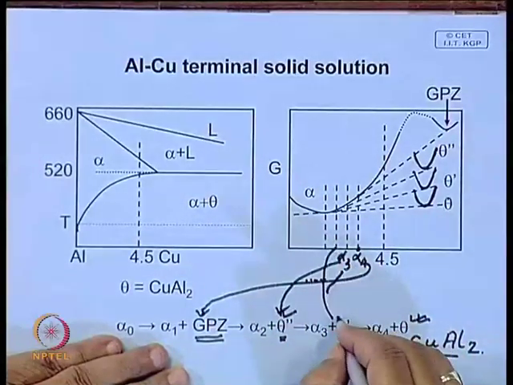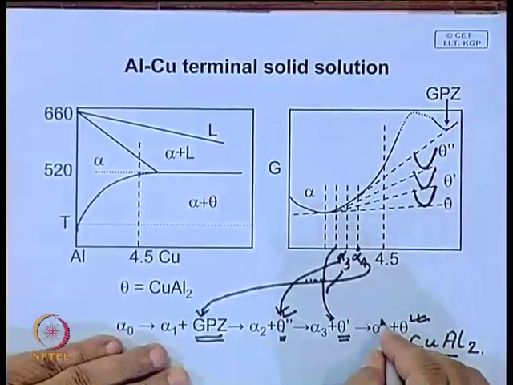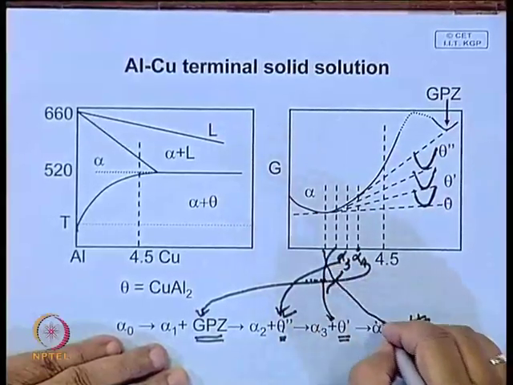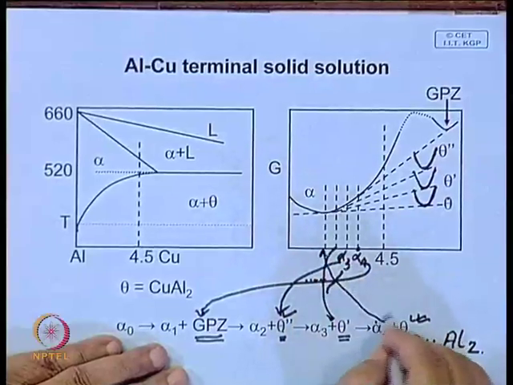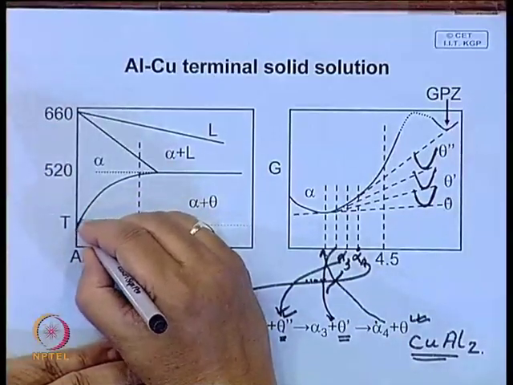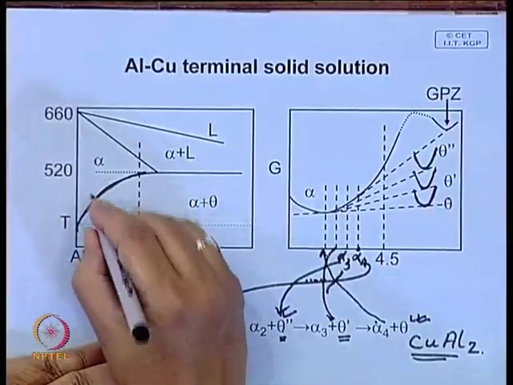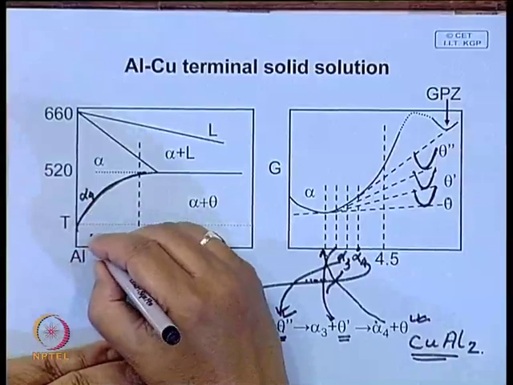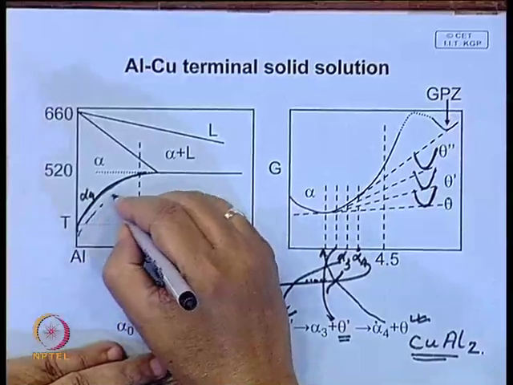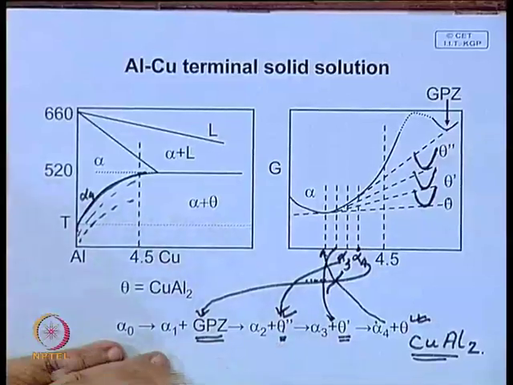So, this is the solvus curve for theta, that is alpha 4. The alpha 3 line will be somewhere like this, then alpha 2, then alpha 1.